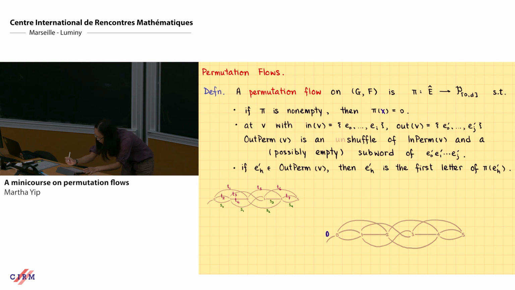If I shuffle with 1, then 1 has to be the first letter of that edge. And now I have a choice of where I want to put 0. I can put it on this edge or that edge. I'm going to choose this one.